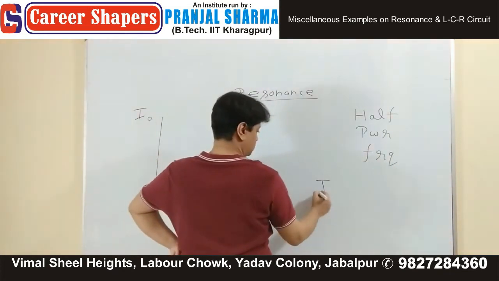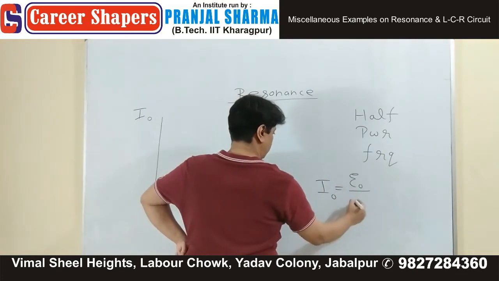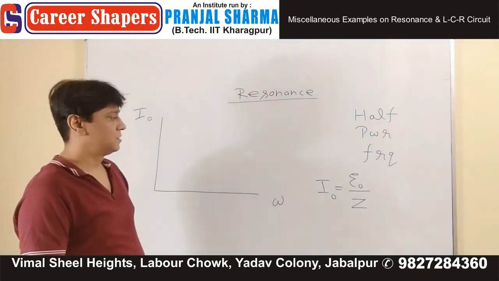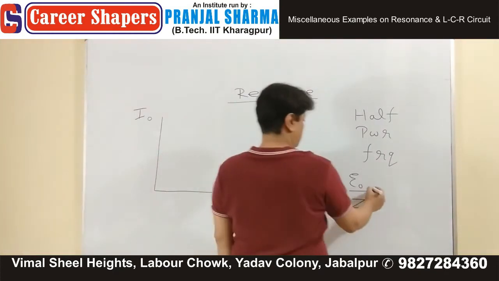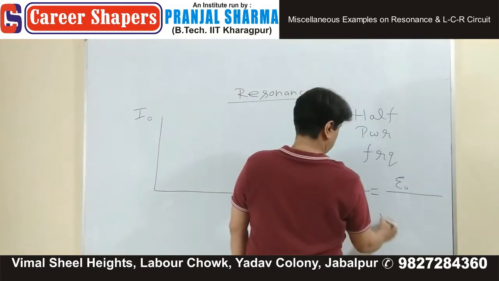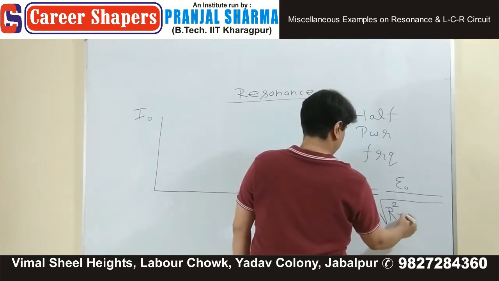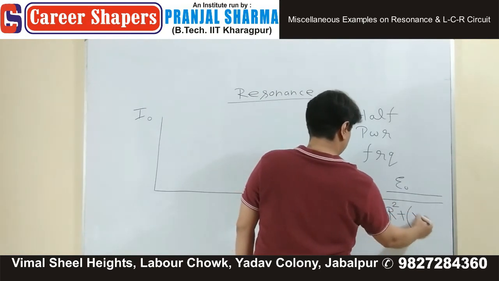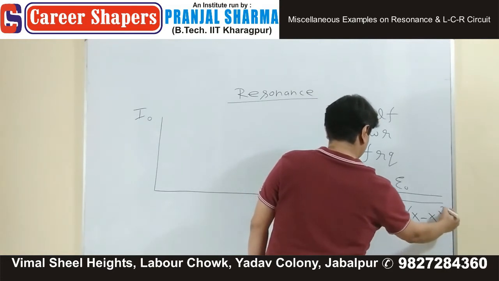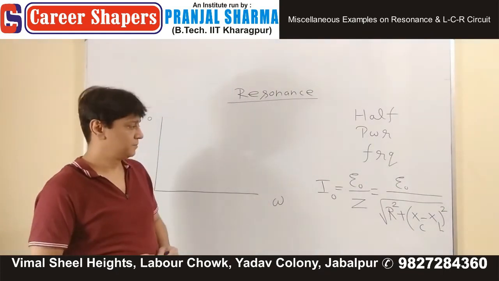I naught is E naught divided by Z. That's your I naught. What is Z? Root over R square plus XC minus XL whole square. That's your I naught.